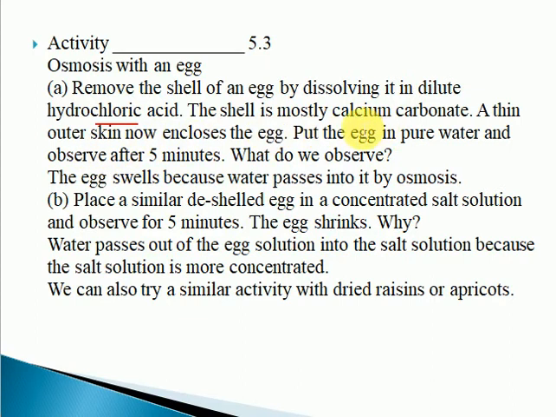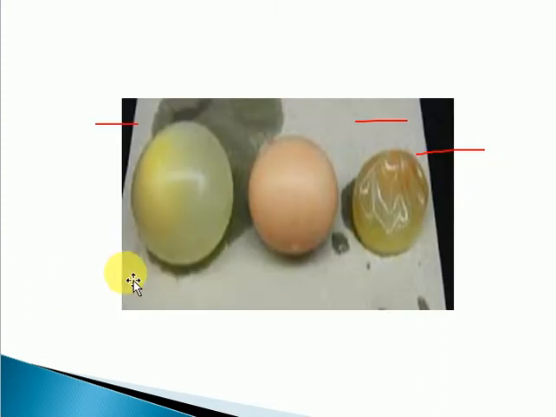The shell, as it has calcium carbonate, would dissolve, and only the outer skin, that is the membrane, remains. It encloses the egg. Calcium carbonate is removed. Now what do we do? We put this kind of egg in pure water and observe it. Okay, if we keep it in water, then what would happen?